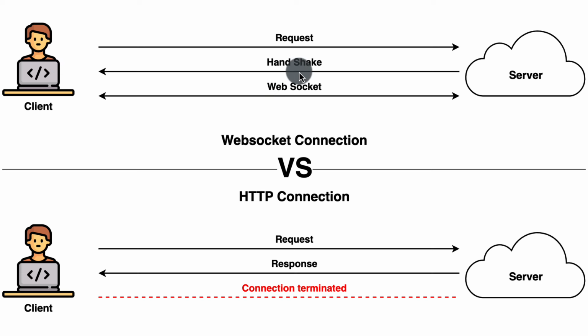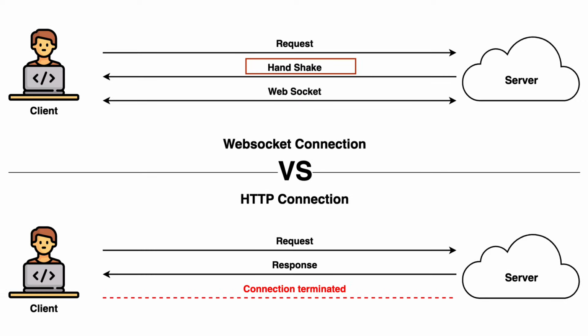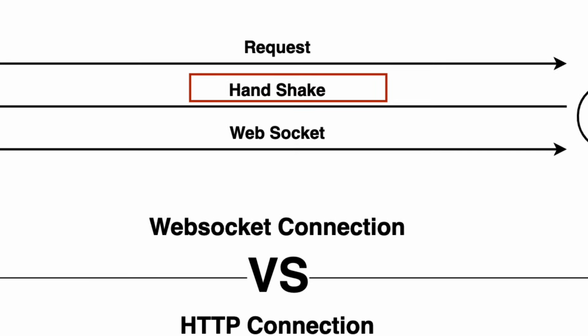Now let's move on and let me explain what this handshake is. In the context of WebSockets, a handshake is the initial process where the client and the server establish a WebSocket connection. The WebSocket protocol uses the HTTP upgrade system, which allows the HTTP protocol to change to some other protocol. This is effectively what happens during the WebSocket handshake.